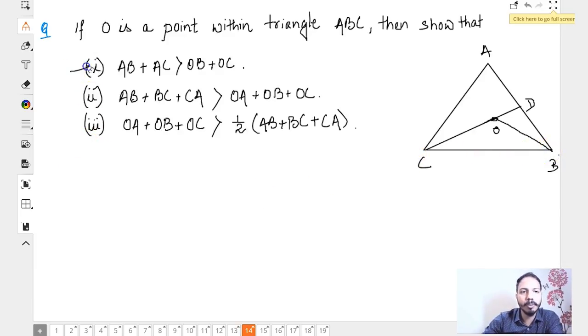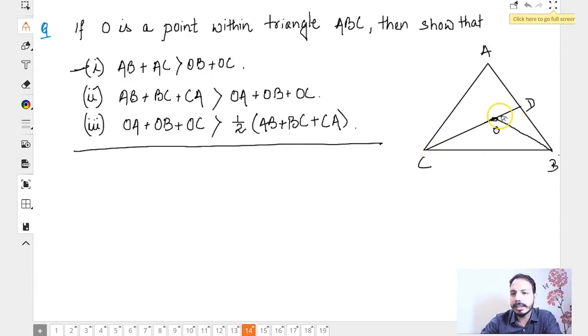Okay, I'm trying to prove the first one. This is a hint, try to prove it. See here, we can easily say that this side plus this side is greater than this side, right?